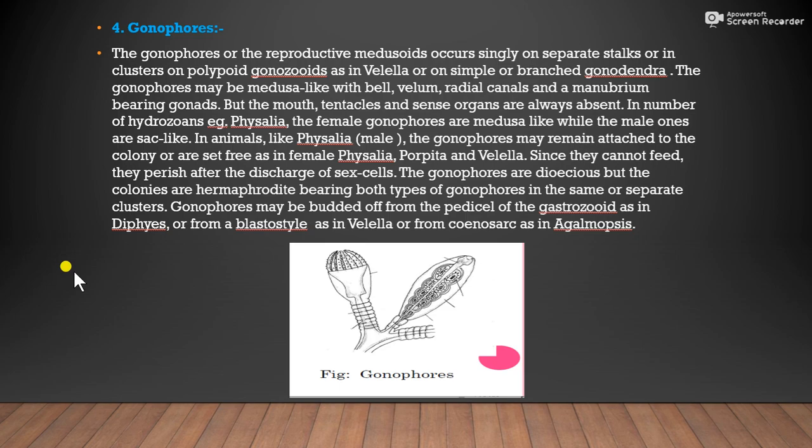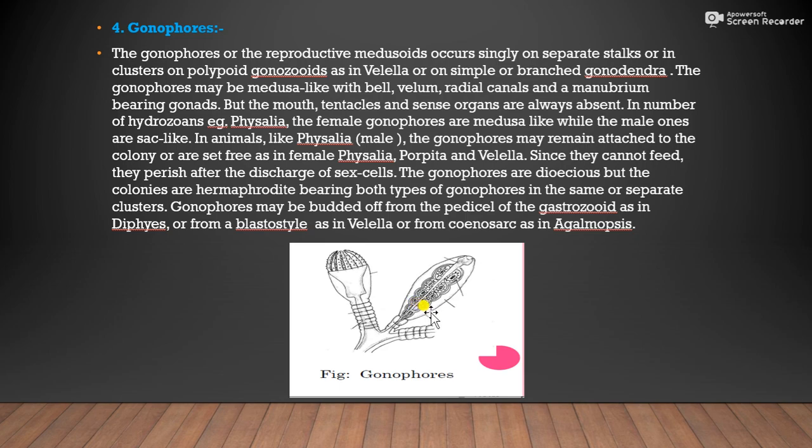Now we see the fourth medusoid zooid, the gonophore, or reproductive medusoid. Gonophores occur singly on a separate stalk or in clusters on polypoid gonozooids, as in Velella, or on simple or branched gonodendra.